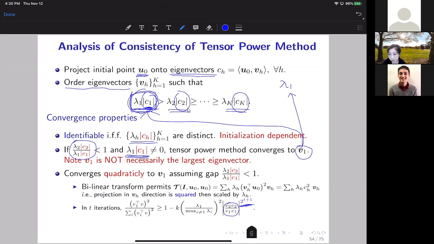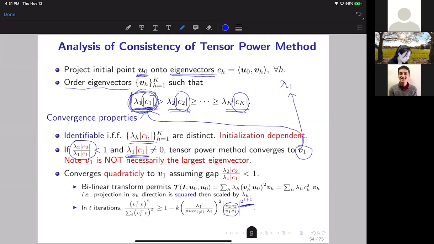So it is much faster than a matrix power method. Because matrix power method converges linearly, here it is converging quadratically. So the benefit you're getting from doing tensor decomposition or tensor power method is that you converge much faster. However, you have to pay the price that the convergence depends on your initialization.